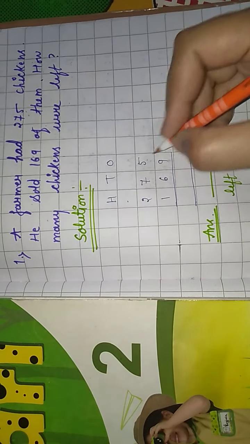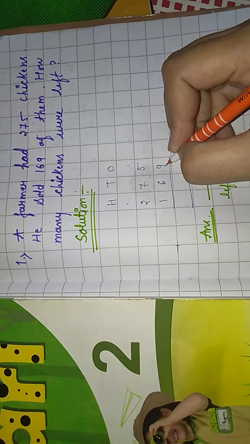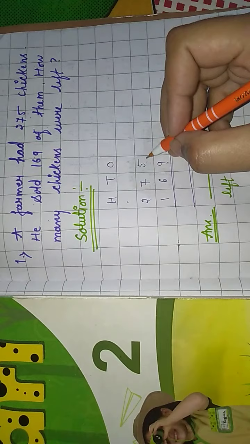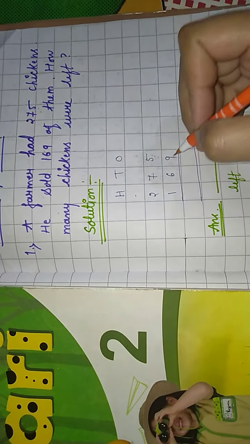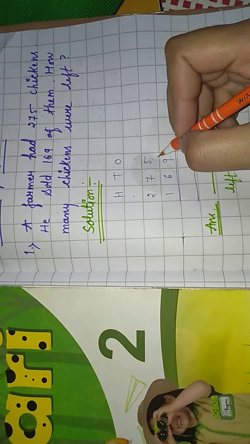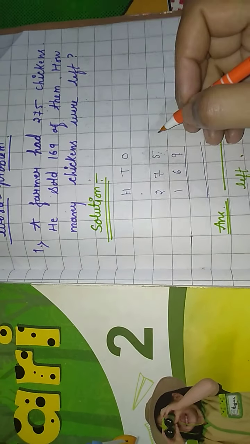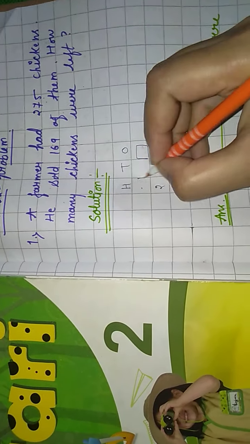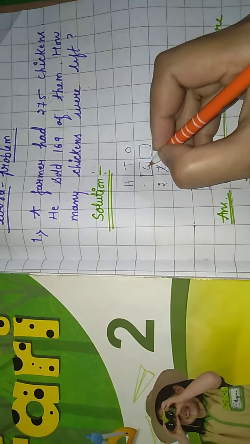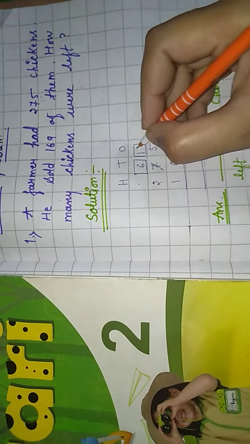First there is 5 and there is 9. Is it possible to subtract 9 out of 5? No. So first we will borrow a carry from the ten's digit place. So what is remaining here? 6, and there is 1 which makes 15.